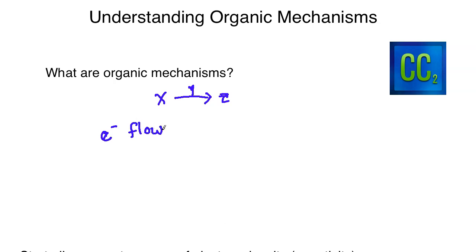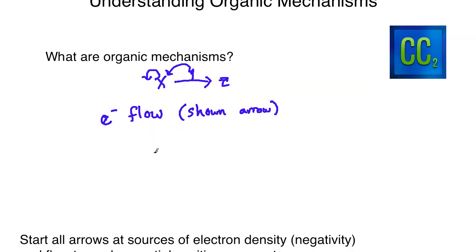So when we talk about electron flow in reactions, we show this with arrows. You may have seen examples in your class where Y is coming in and binding to some part of X, and then maybe some other part of X is leaving and departing into solution. That is an example of showing where the electrons are moving around when we talk about these reactions.